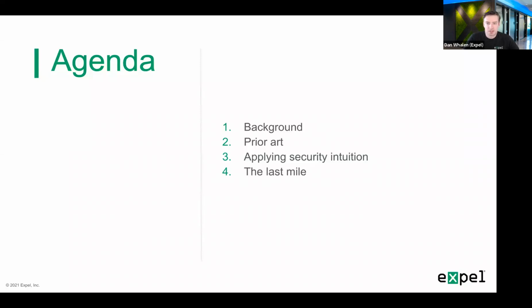So we'll start by touching on the background of our specific use case and problems, our challenges that we wanted to address. And then we're going to kick it over to James from Pinecone to lend his expertise to talk about some of the key data science concepts in play here that we ended up applying to help with our problems. And finally, we'll talk about specifically what we implemented on the Expel side of the house and the features that we're aiming to deliver as a result of those capabilities.